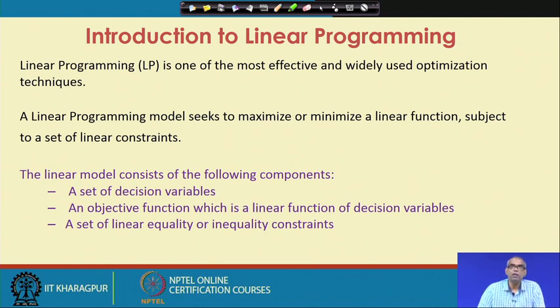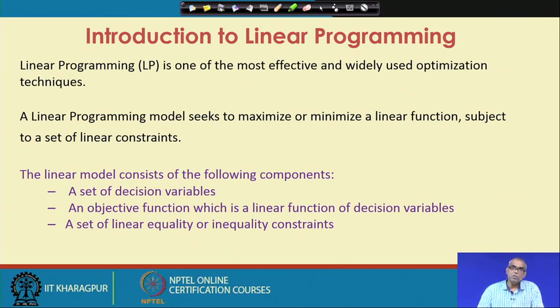So, in case of a linear programming problem, your objective function will be linear, all the constraints will be linear. The constraints will be equality or inequality type. It can be less or equal to type or it can be greater or equal to type. Later on we will see there is a standard form in which we can express the linear programming problems.